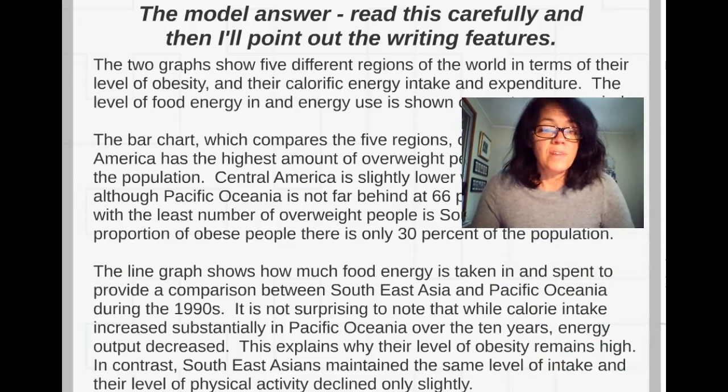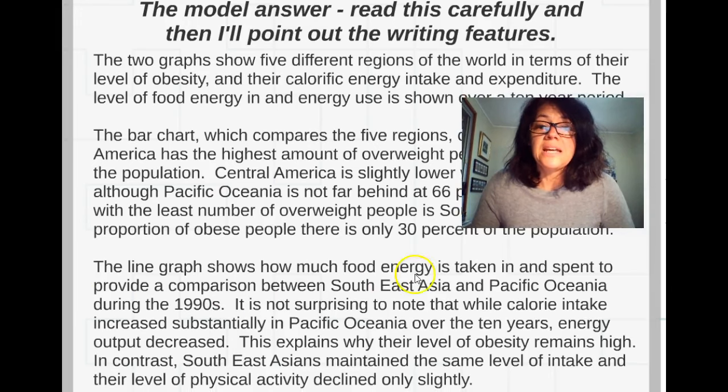The line graph shows how much food energy is taken in and spent to provide a comparison between Southeast Asia and Pacific Oceania during the 1990s. It is not surprising to note that while calorie intake increased substantially in Pacific Oceania over the 10 years, energy output decreased.